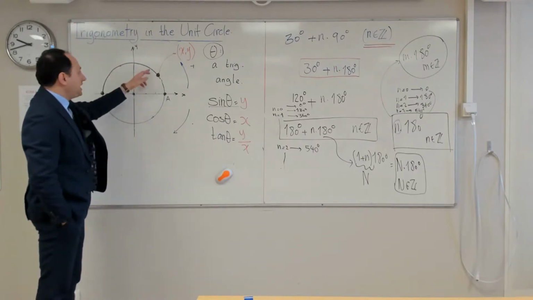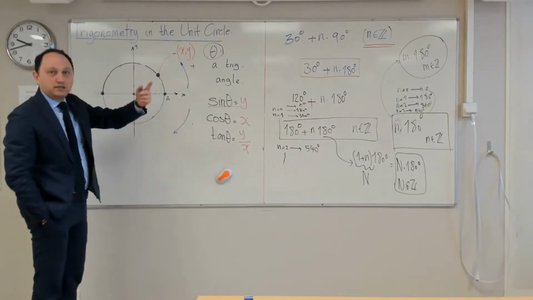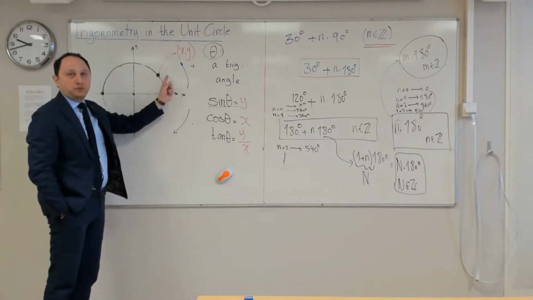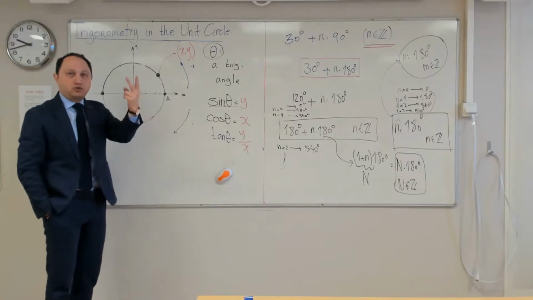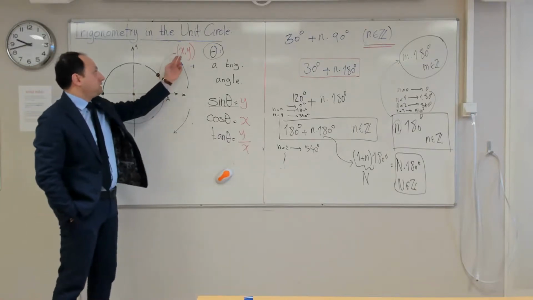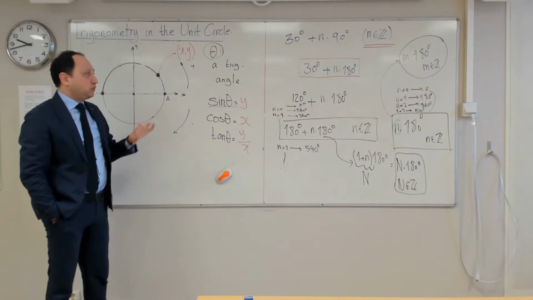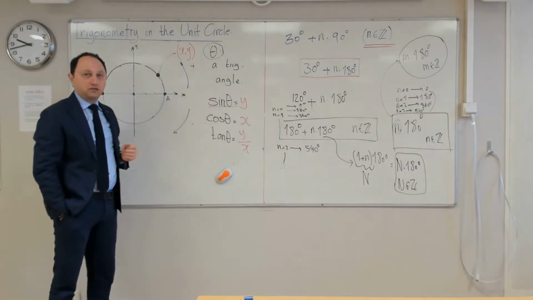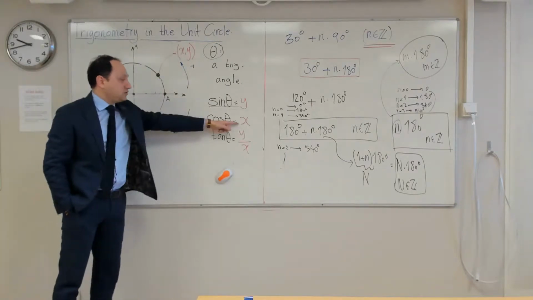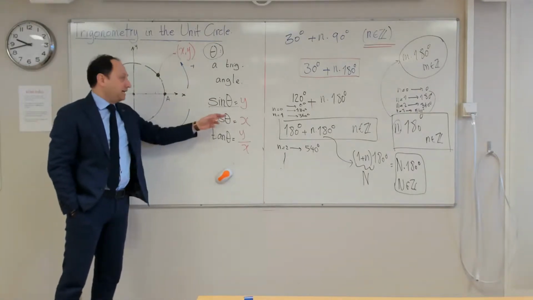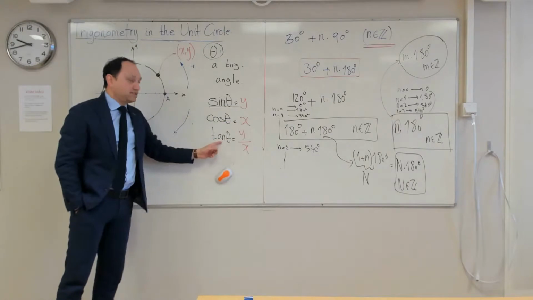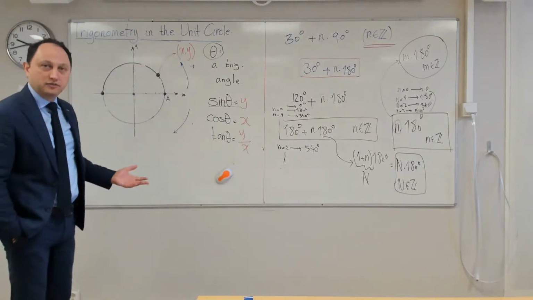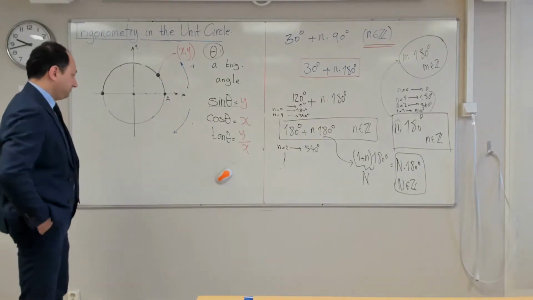Then just eliminate this unit circle in your head. You are left with a coordinate system and a point. Every point in the coordinate system has two coordinates, one of them is x, one of them is y. We say that y is defined to be the sine of the angle, and x is defined to be the cosine of the angle. And if I divide y by x, it is defined to be the tangent of the angle. Is it clear? It's a very simple setup.